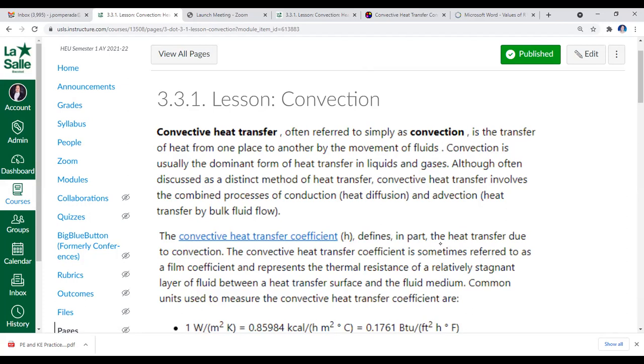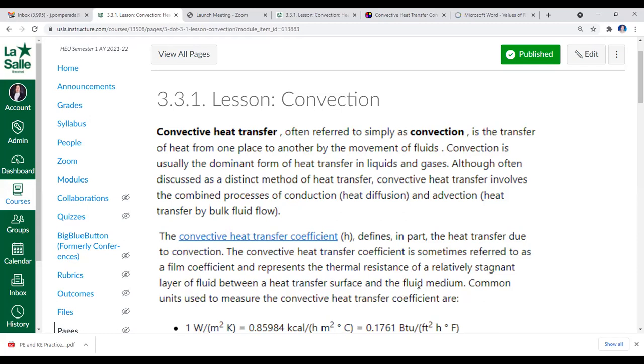The convective heat transfer coefficient is sometimes referred to as the film coefficient, and represents the thermal resistance of a relatively stagnant layer of fluid, which I have mentioned already, between the heat transfer surface and the fluid medium. The reason why we have this pair of conductive heat transfer and convective heat transfer occurring as one is because we have a solid over which a fluid is passed.